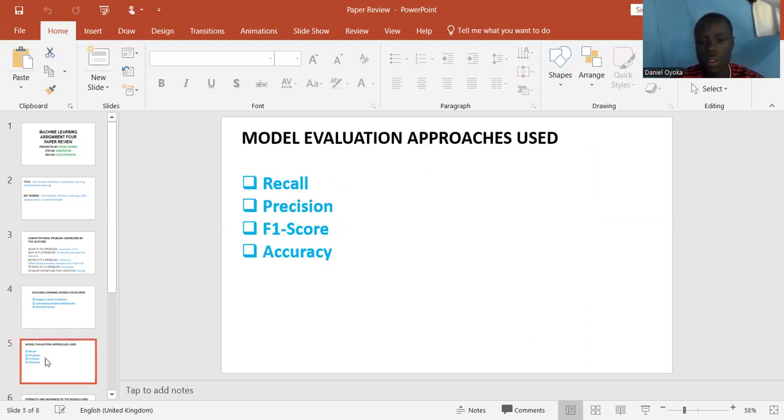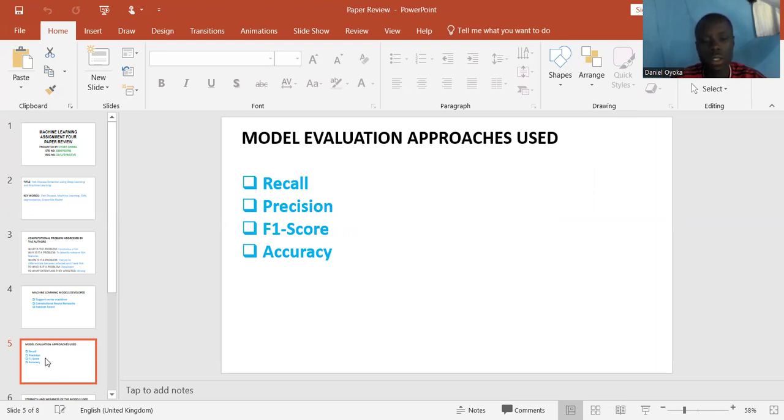The model evaluation approaches used in this paper were recall, which is the measure of the proportion of actual positives, the diseased fish, that the module correctly identifies. The other is precision, which is the measure of the proportion of correctly identified positive cases to the overall cases.